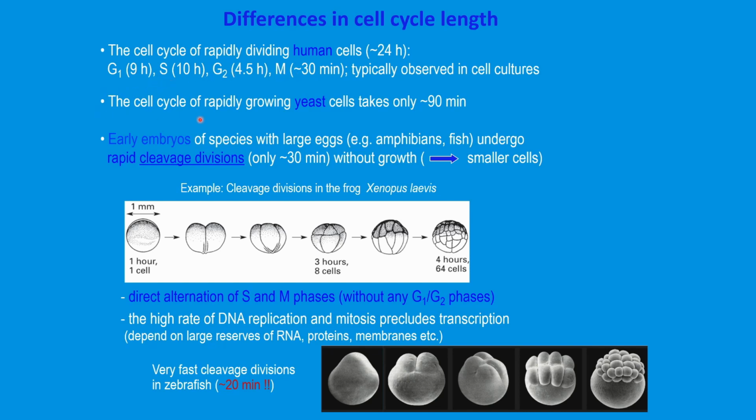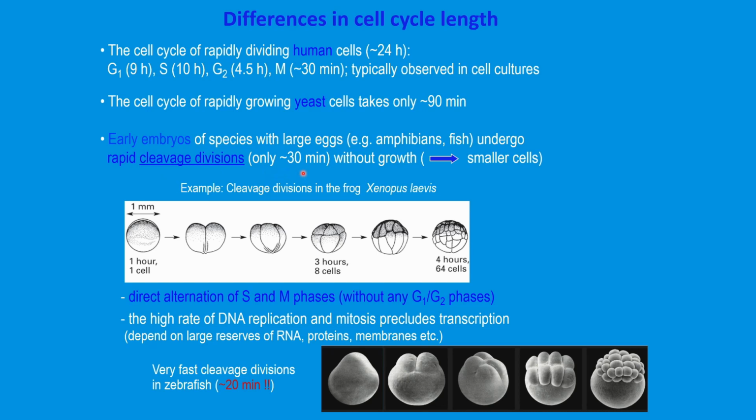So for comparison, the cell cycle of a rapidly growing organism, for example, yeast, which is a eukaryote, but a single cell, only takes about 90 minutes to go through the whole thing and give rise to the next generation of yeast cells. The early embryos of species with large eggs, for example, amphibians and fish, undergo very rapid cleavage divisions.